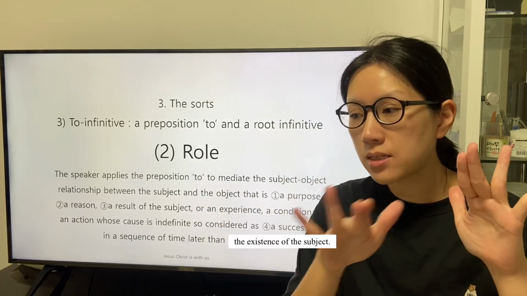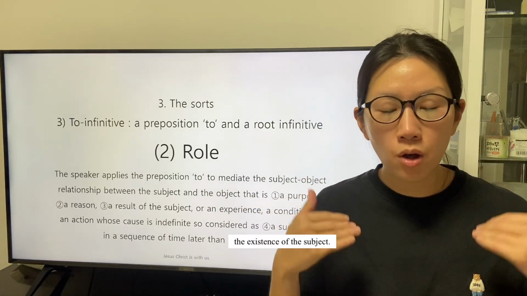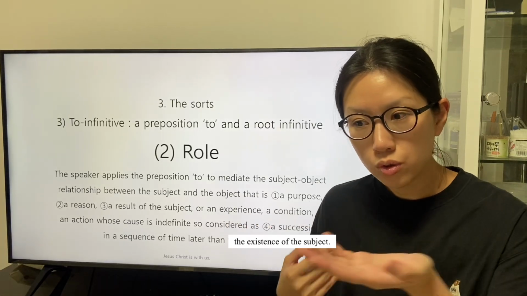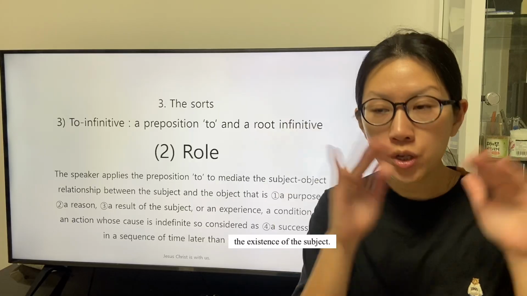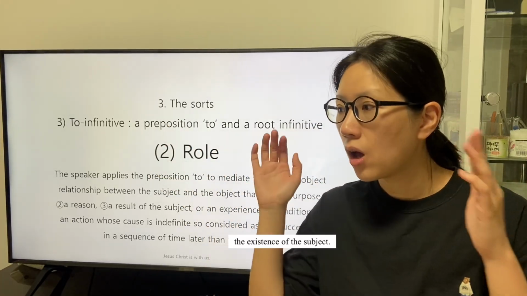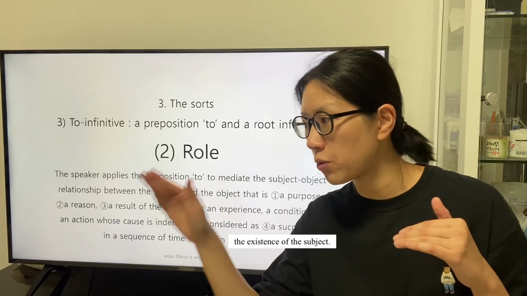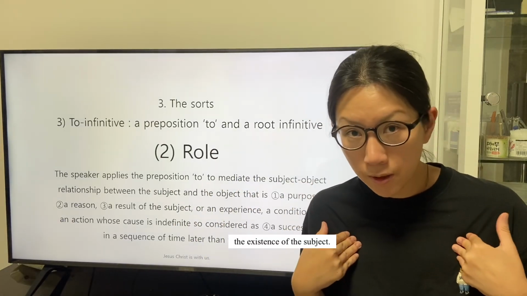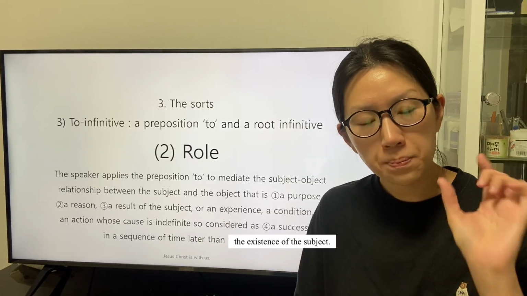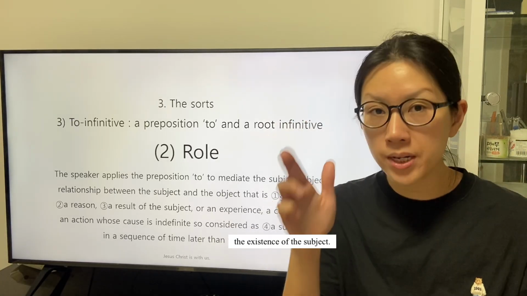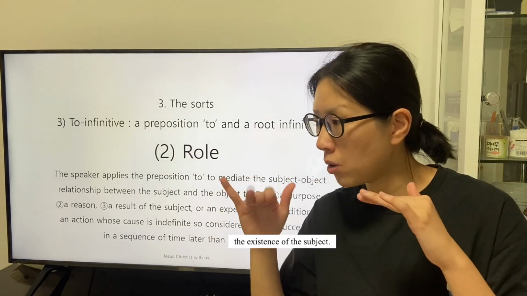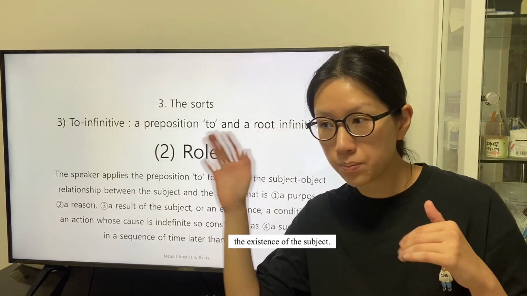So this procedure to apply a to-infinitive in a clause is distinctive from the way to apply the other words in a clause. To arrange a word in a clause, a speaker applies a word whose trait is predetermined and known among the speakers in the linguistic group.